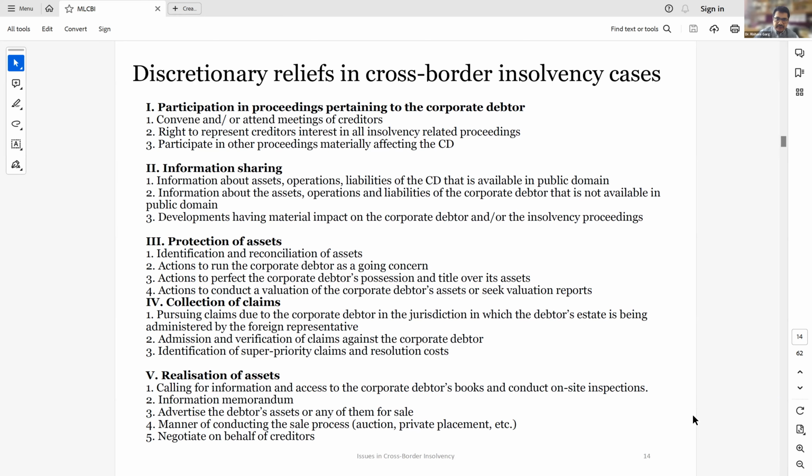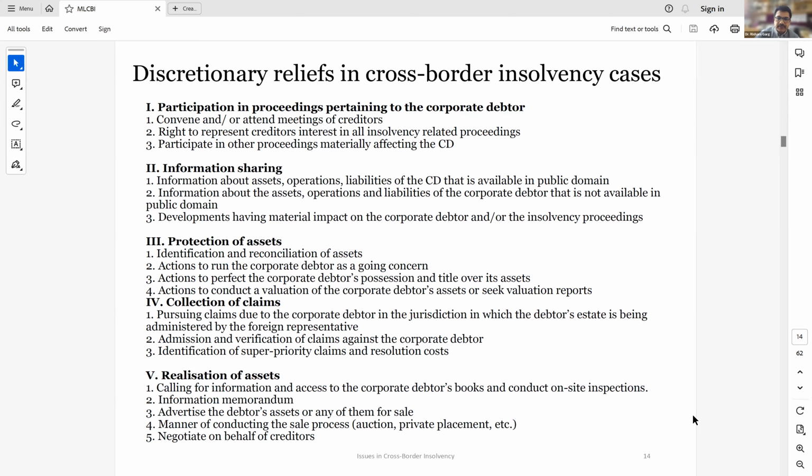Then the discretionary relief in cross-border insolvency cases. These are the discretionary reliefs which can be recognized and provided by the court. This is all in the CBIRC, that is, the cross-border insolvency regulations, the draft, which is already there in the public domain. So five types of discretionary reliefs can be availed of from the adjudicatory authority.